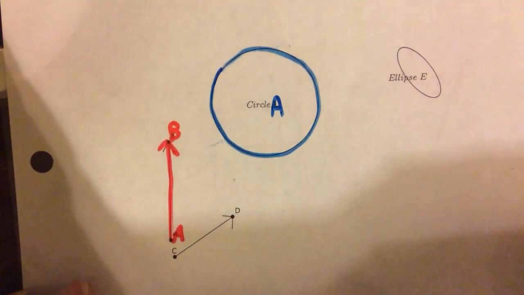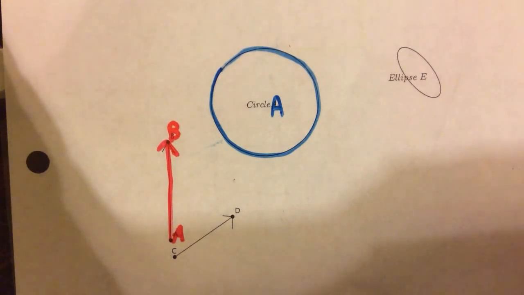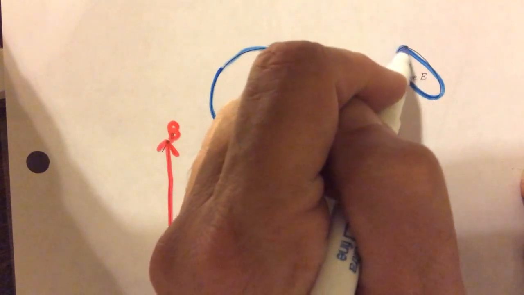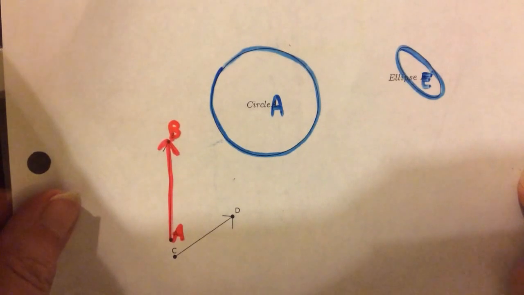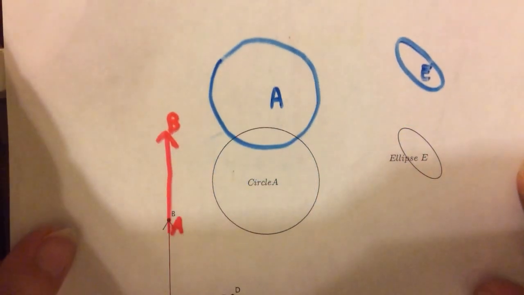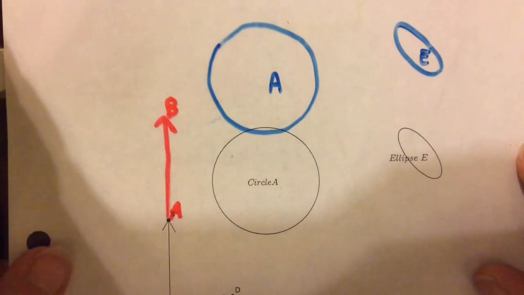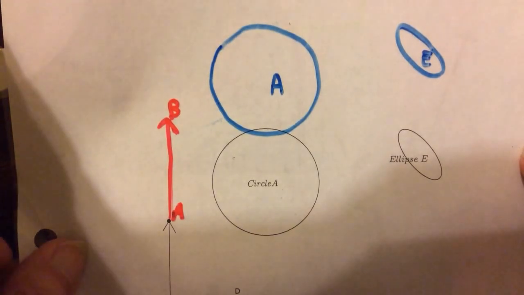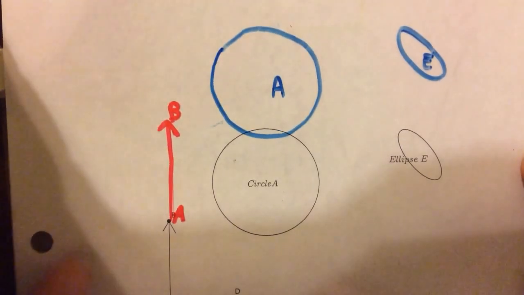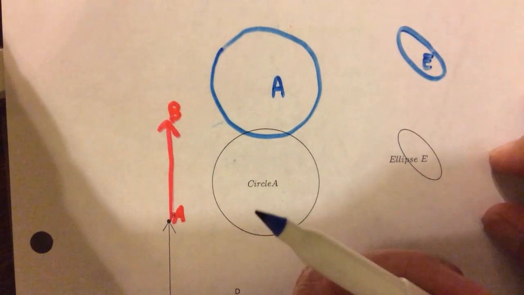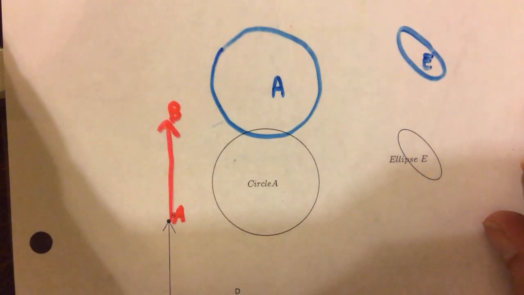Label it A. And ellipse E. So I'm going to go ahead and trace out ellipse E. And we'll go ahead and translate those. I'm going to move my paper down as I move my vector up. And looks like they're just overlapping a little bit. The circle is overlapping, the ellipse is not. Okay, so we moved them up.